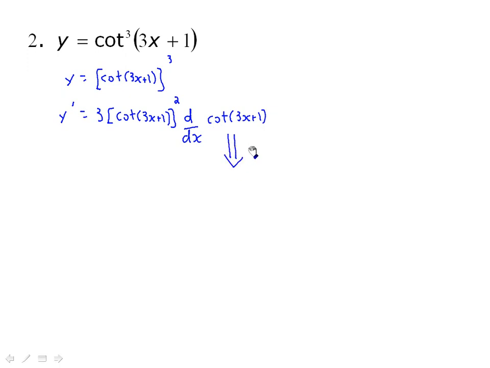Working our way downward, take a look at what we know about cotangent, and according to our formula sheet, that's equal to negative cosecant squared of the argument. So this becomes negative cosecant squared of 3x plus 1. So I'll put a bracket outside the whole thing, but you don't have to.